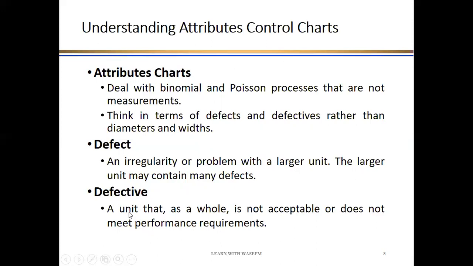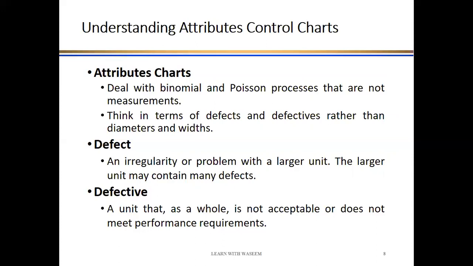But a defective is a unit that as a whole is not acceptable or does not meet performance requirements. For example, a letter with a wrong address is defective. Also, a letter could have several defects, but the entire unit is labeled defective if there is a single defect. Defectives are monitored using P and NP charts.